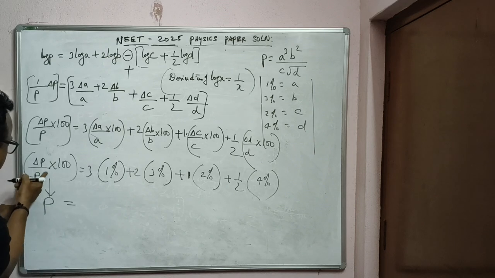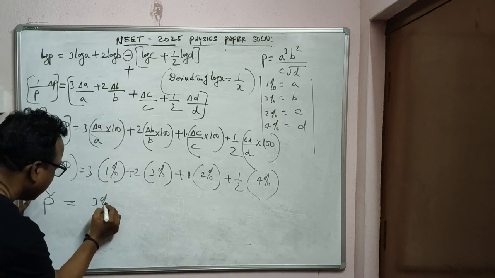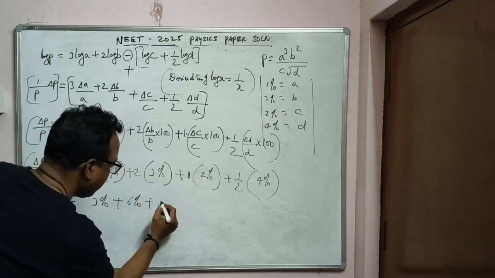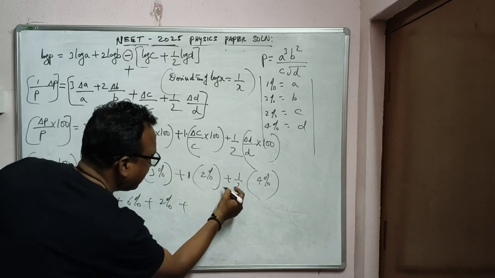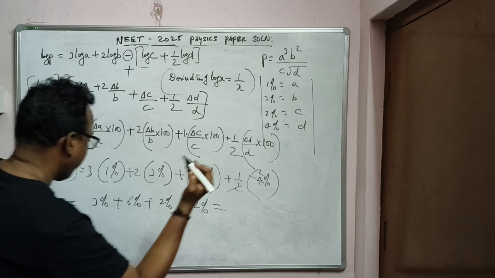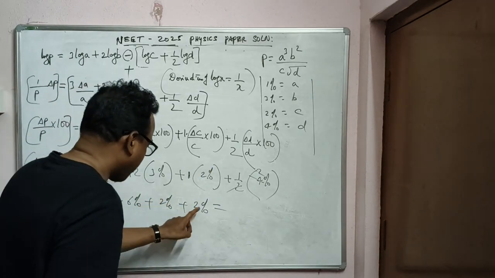So the percentage error in P is 3 into 1, 3%, then 6%, 1 into 2, 2%, and 2 2s are 2%. So what is the final? 6 plus 3, 9, 10, 11, 12, 13.